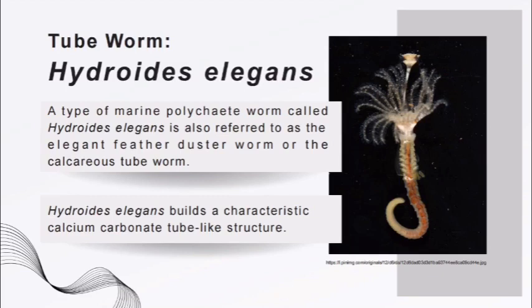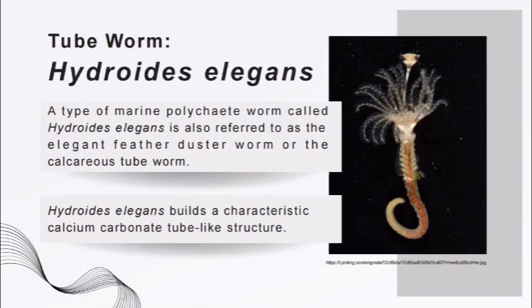Throughout the world, coastal and estuarine habitats are home to this member of the Serpulidae family. In order to cling to hard surfaces like rocks, shells, or man-made structures, Hydroides elegans builds a characteristic calcium carbonate tube-like structure. This tube protects the worm and acts as its residence.